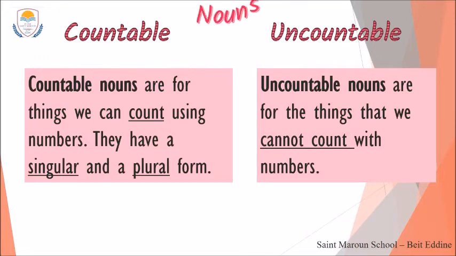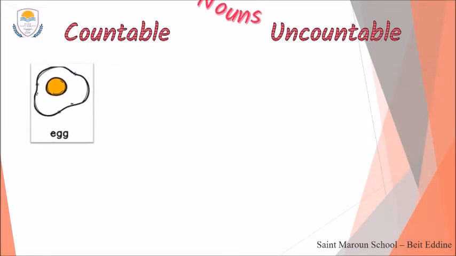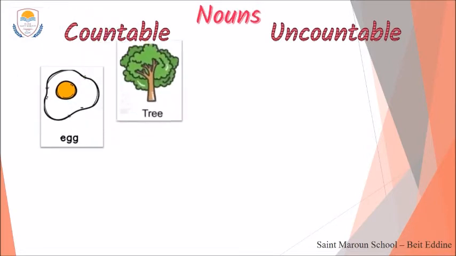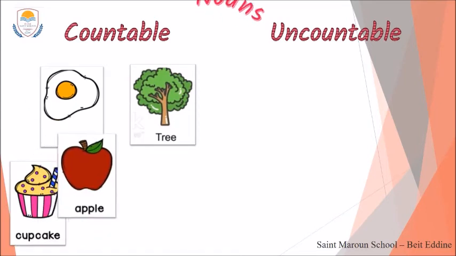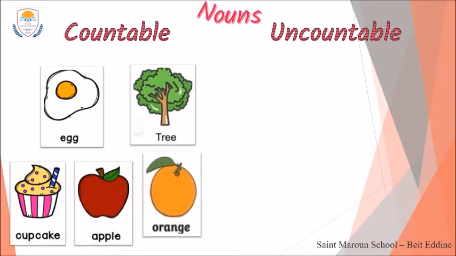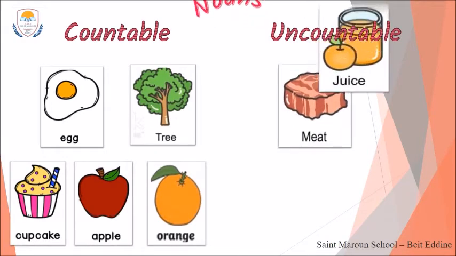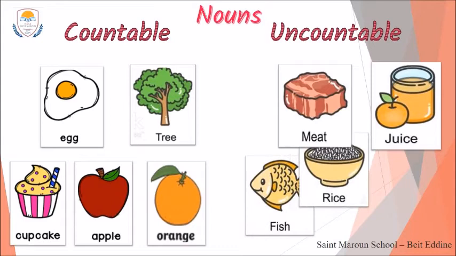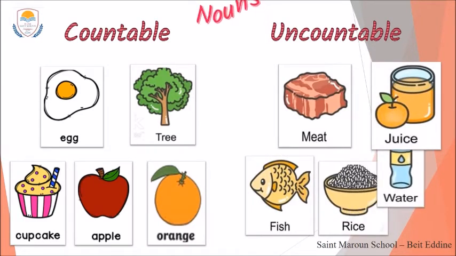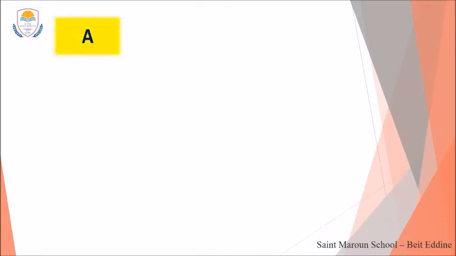Let's see some examples. The countable nouns like egg, tree, cupcake, apple, and orange. The uncountable nouns like meat, juice, fish, rice, and water. Now, what do I use before the nouns?